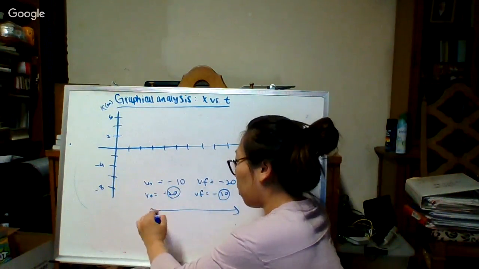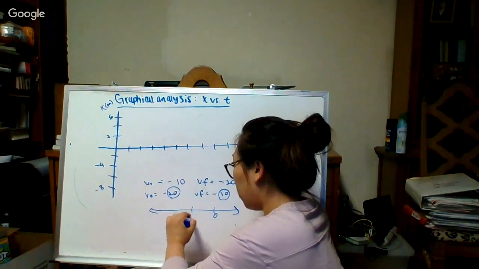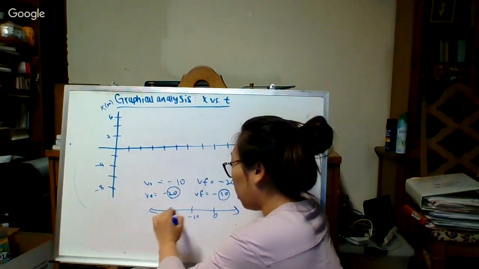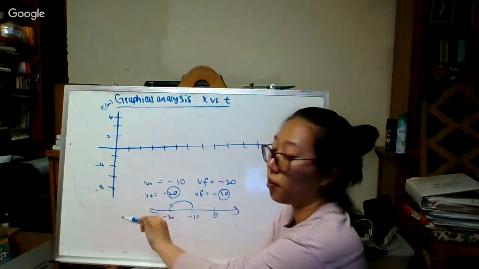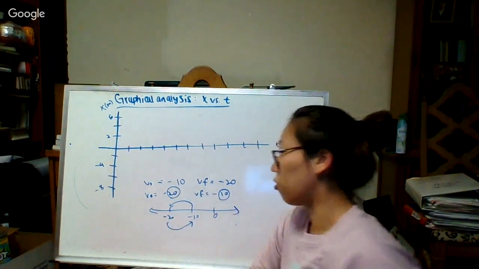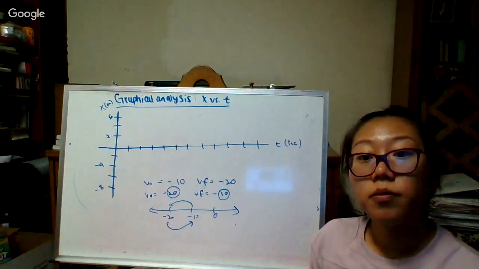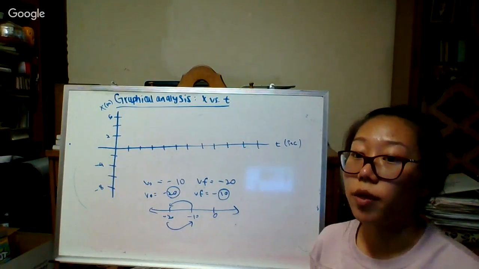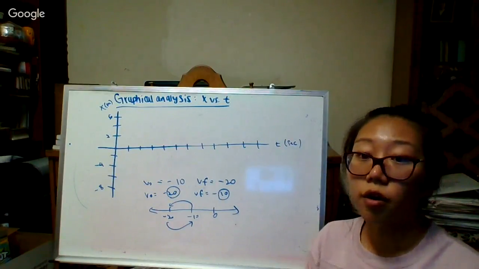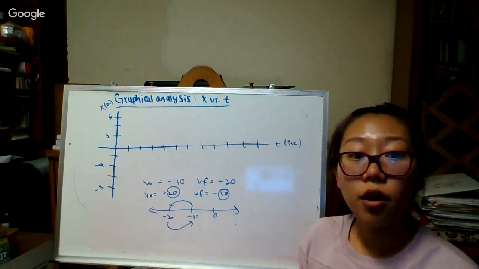If you draw it on a number line, with 0, negative 10, and negative 20, going from here to here, you're going away from the 0, which means you're speeding up. If you're going this way, you are slowing down. Can you have negative speed? No, because speed is a scalar. But you can have negative velocity.